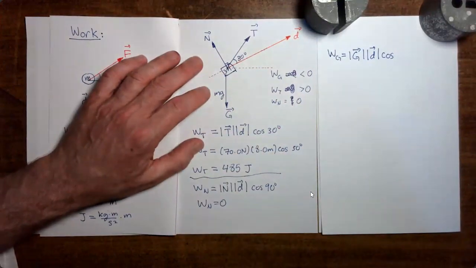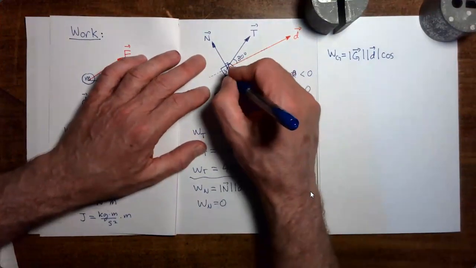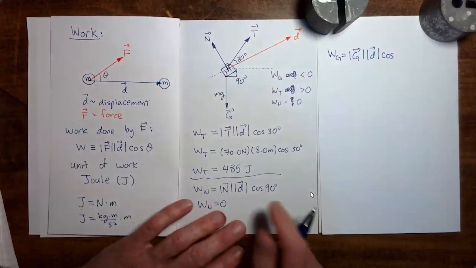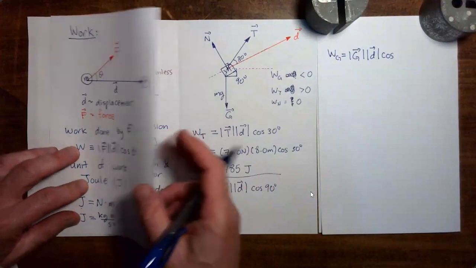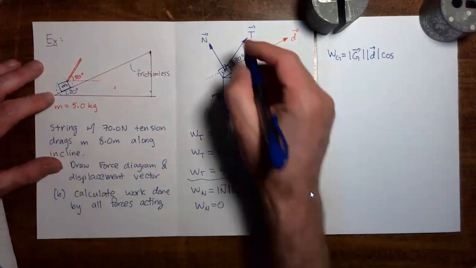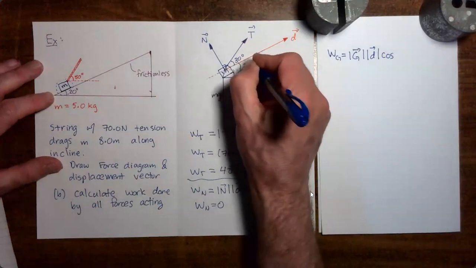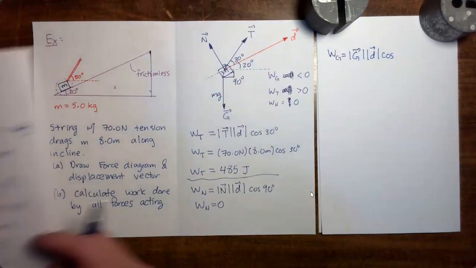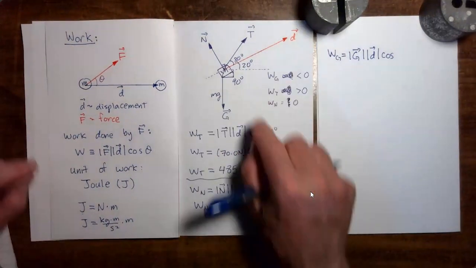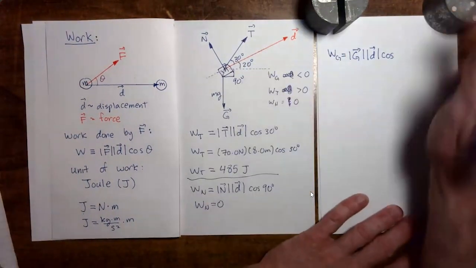So the gravitational force is, of course, perpendicular to the horizontal. So this is a 90-degree angle in here. But then remember that from our figure, the angle between the horizontal and the incline is 20 degrees. So this is a 20-degree angle. So you can see then that the angle between the gravitational force vector and the displacement, 90 plus 20, is 110.